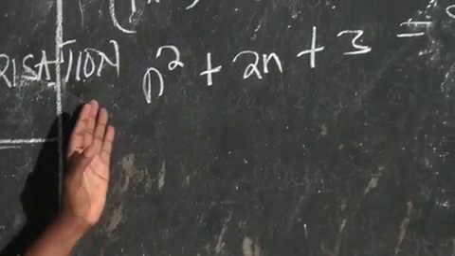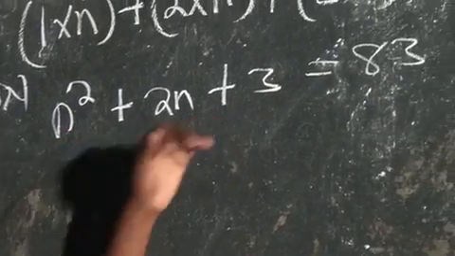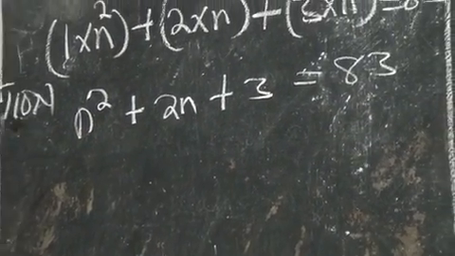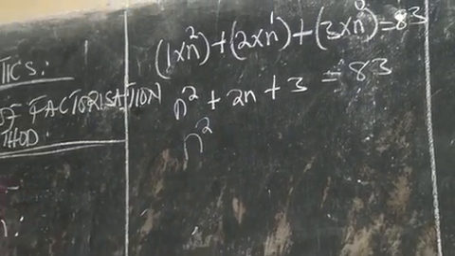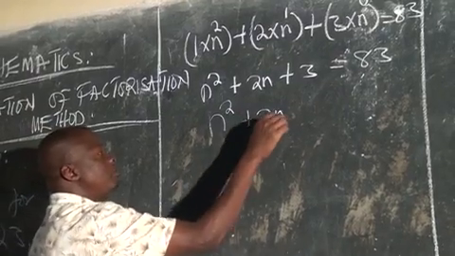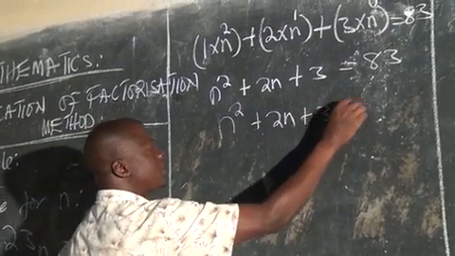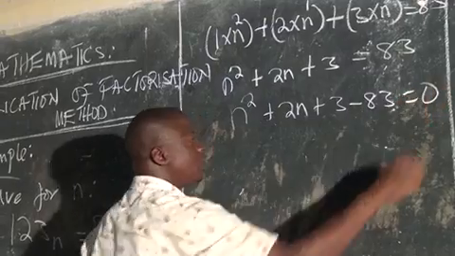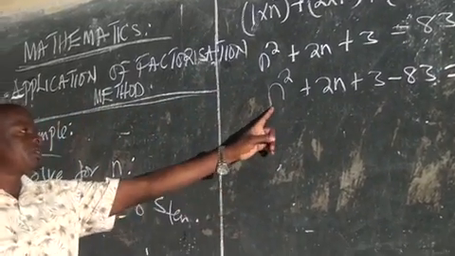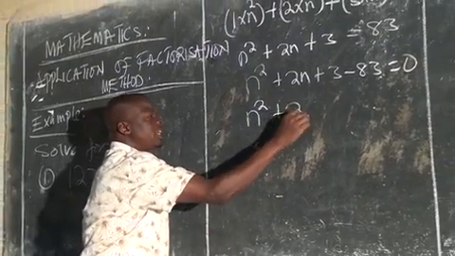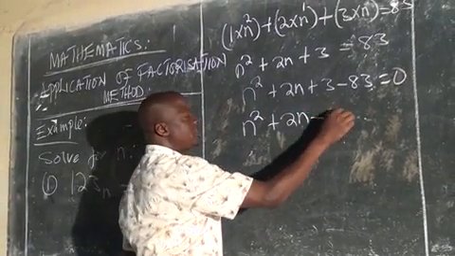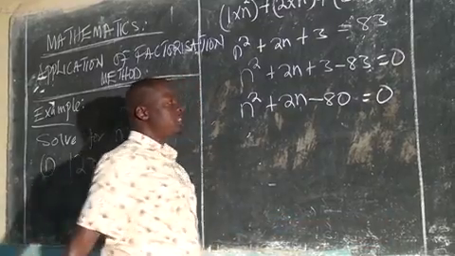Now when you look at this expression, it qualifies to be a quadratic equation, whereby we can rearrange it: n squared plus 2n plus 3 minus 83 equals 0. For this case, n squared plus 2n minus 80 equals 0.